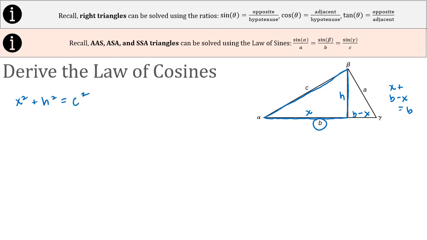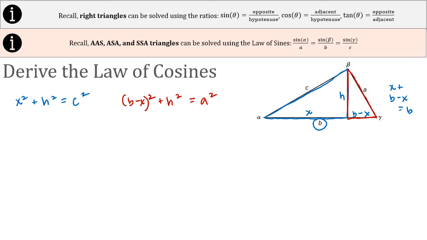That's just using the Pythagorean theorem. Now I'm going to look at the right triangle on the right-hand side, and use the Pythagorean theorem again, this time to say that (b minus x) squared plus h squared is equal to the hypotenuse squared, or a squared.